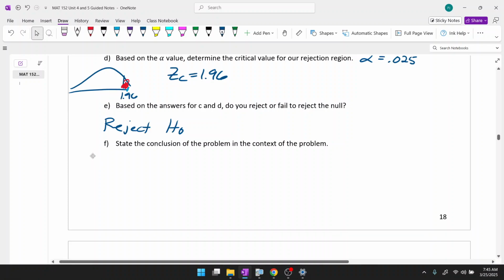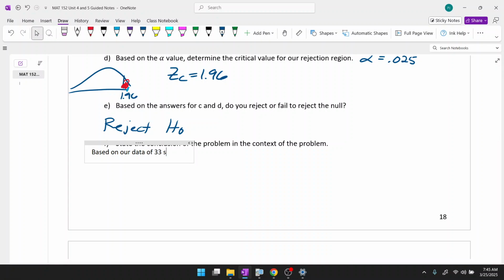And so how would we conclude this? What would we write in terms of a conclusion? Well, the best way to start you off is, based on our data, you should always open with the sample: 33 students in general chemistry at UT. And here's the thing, we rejected the null. By rejecting the null, we went with the alternative hypothesis.